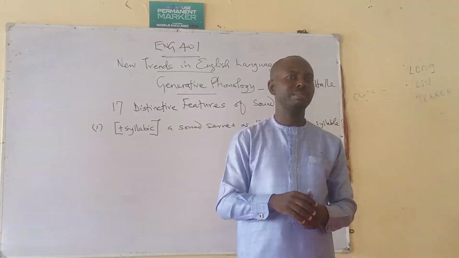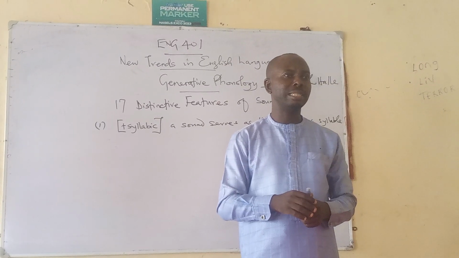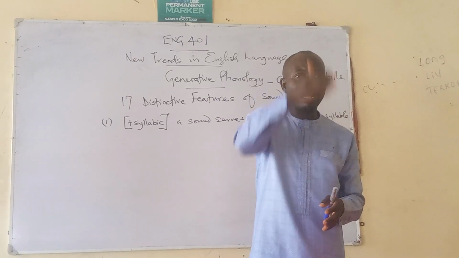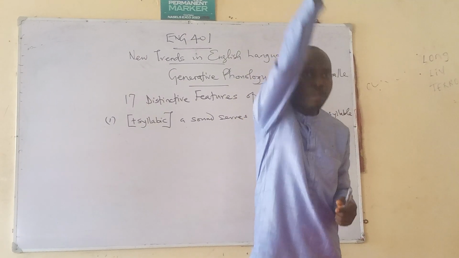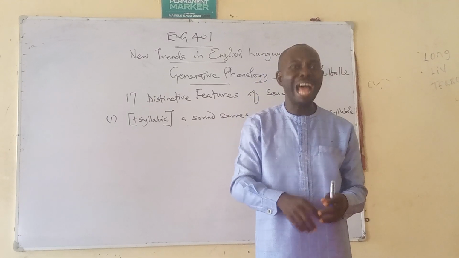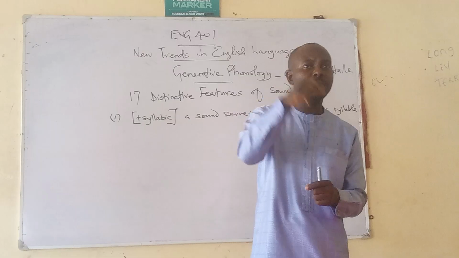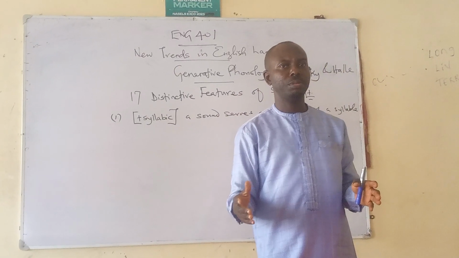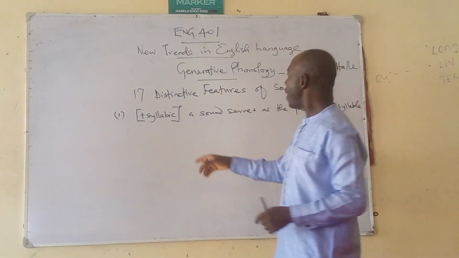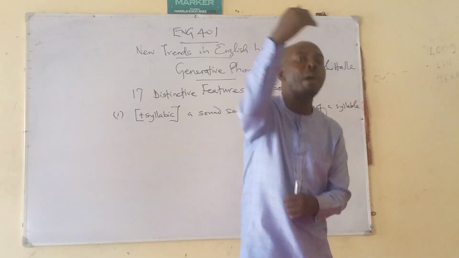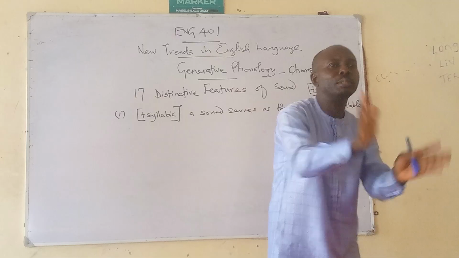Syllabic consonants. You understand? When you say a peak is dominated by vowels, that means all vowels can serve as peak. And sometimes you can also have what we call a syllabic consonant serving as the peak of the syllable. So when you say plus syllabic, the sounds we are referring to are the vowels and syllabic consonants.